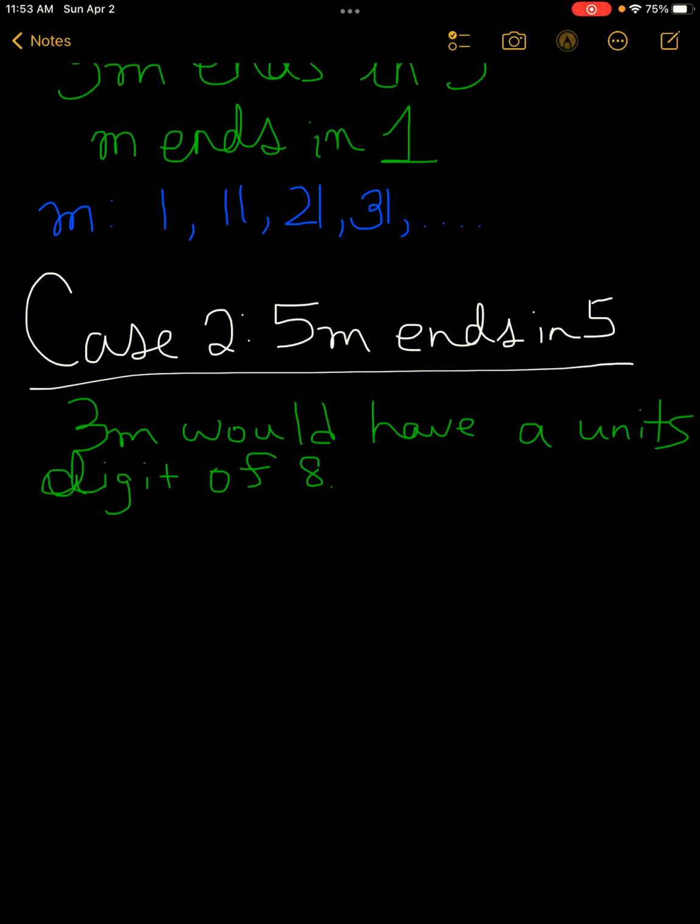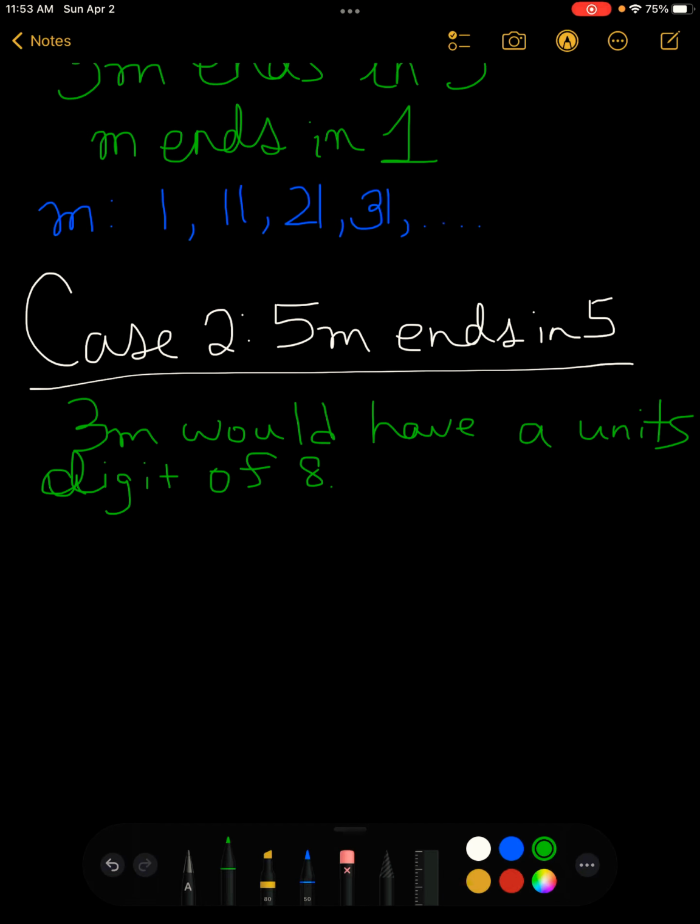So what values of n would lead to 3n having a units digit of 8? Well, the first example we think of is n equals 6. In that case, 3n would equal 18. Now, are there any examples beyond 6 where n doesn't end in 6, where 3n still ends in 8?